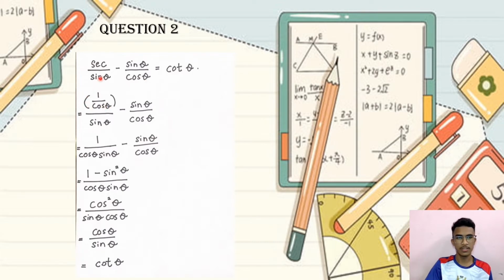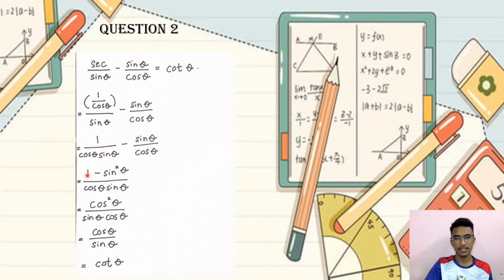First, we can change sec to 1 over cos theta, divided by sine theta, minus sine theta over cos theta. After that, we solve it. 1 is put over cos theta sine theta, minus sine theta divided by cos theta.